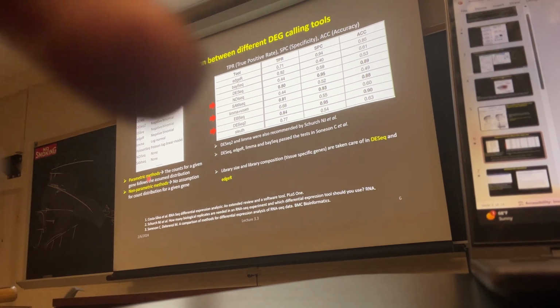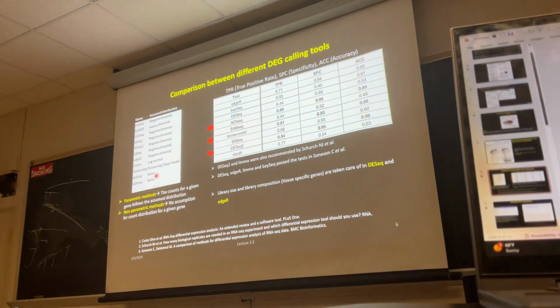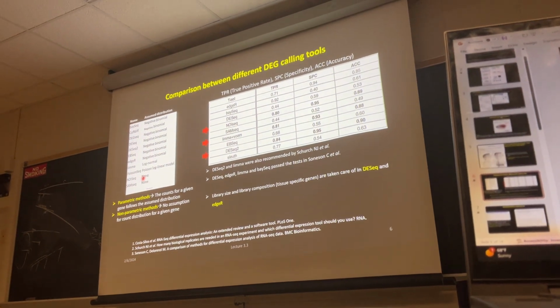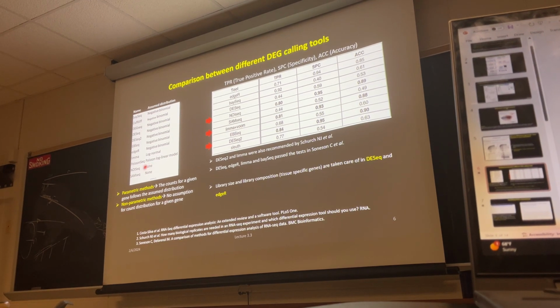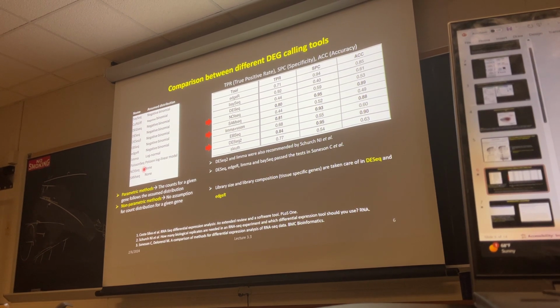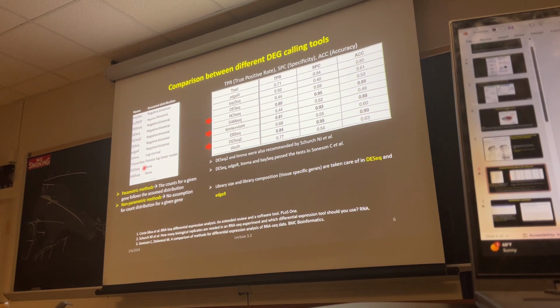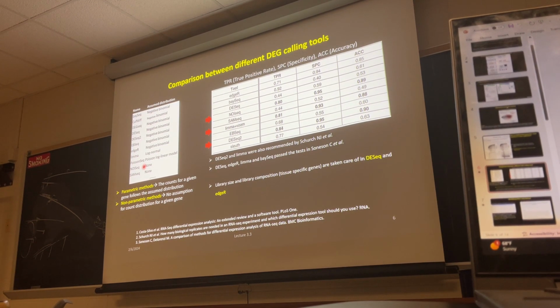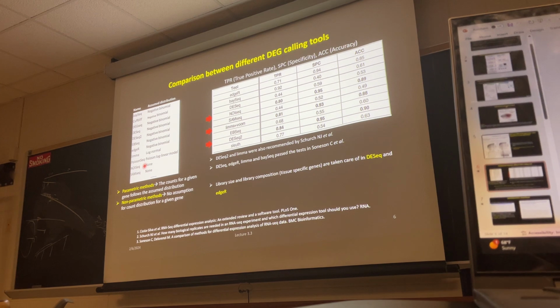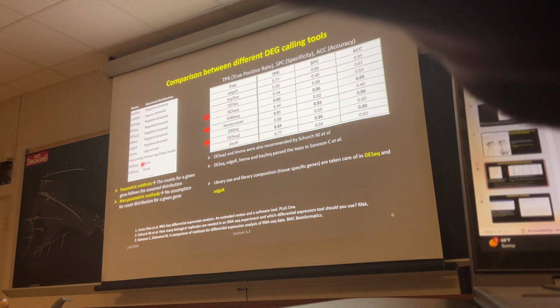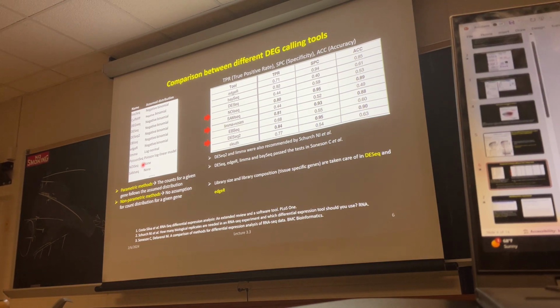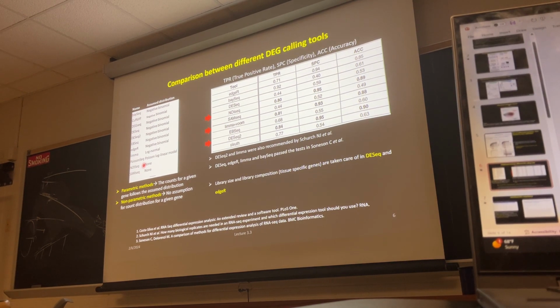Last time we used the DESeq tool, but there is a non-parametric way, called the NOISeq tool. Most of the time, the suggestion for RNA-seq analysis is that you use two types of tools, one that assumes a distribution and one that assumes no distribution in the data set.